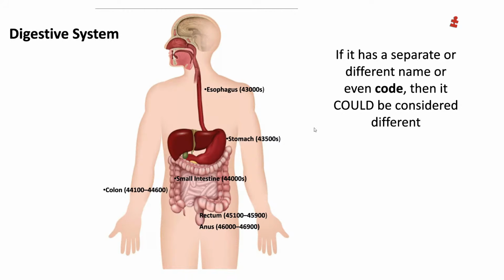So in general, if it has a separate or different name or even a different code, it could be considered different. And modifier 59 is, I think, where we had most of the confusion, because we needed to know what is different about a procedure.